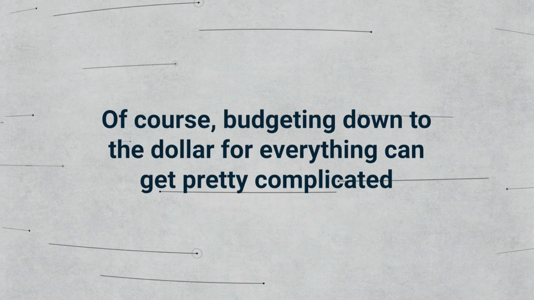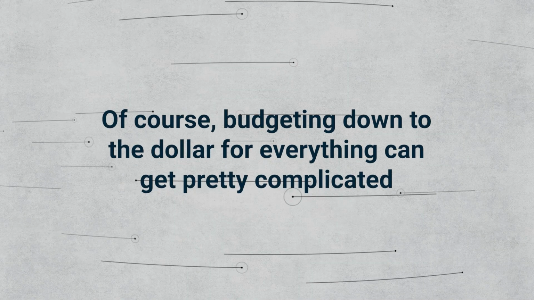And for the same reason, because you have to figure out where every single dollar goes, it's also particularly suited for you if you live paycheck to paycheck, because it allows you to really dig down into your exact spending and identify precisely where you may be overspending and by how much every month, so that you can know exactly where to cut back. Of course, budgeting down to the dollar for everything can get pretty complicated and time-consuming.